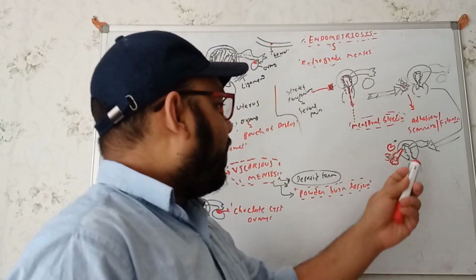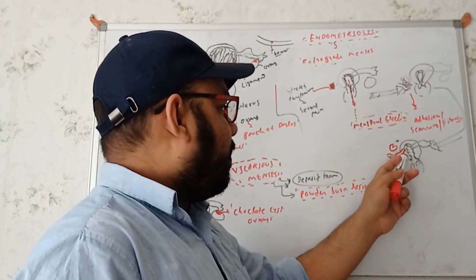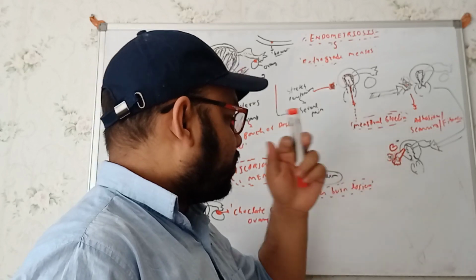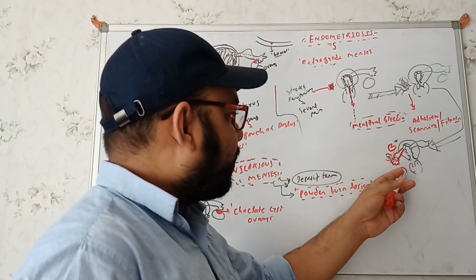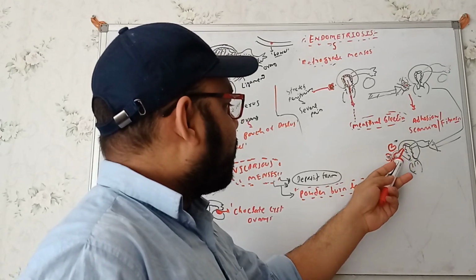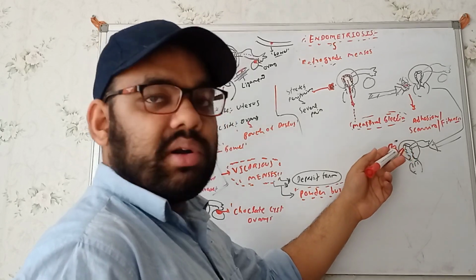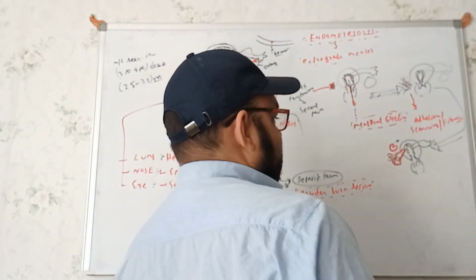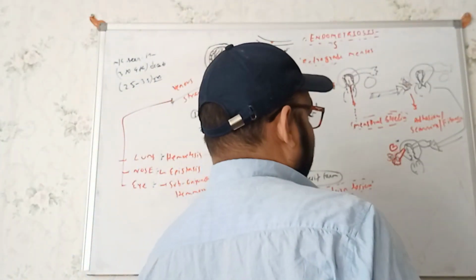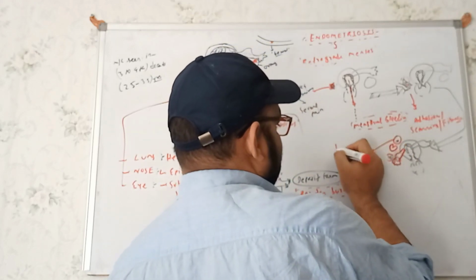Normally the ovum is caught up by the fimbriae of the fallopian tube, but in this case the whole fallopian tube will be adhered downward in these regions, so there will be no fimbriae to take the ovum released by the ovary, so there will be no fertilization. That's one of the most common complications. So in these cases we will get infertility.